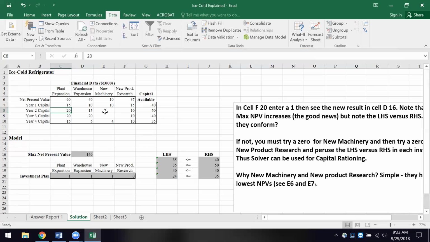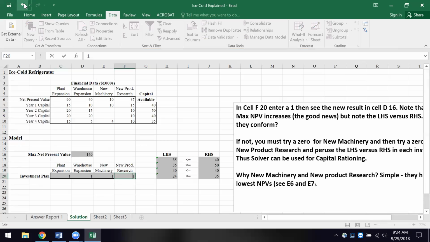And as I note there, in cell F20, enter a 1 and see the new result. So I'm going to put a 1 and see the new result in D16. Let's look over here at D16. And we see that when we go to the 1, we go ahead and do the research project, we get a maximum net present value of 140.